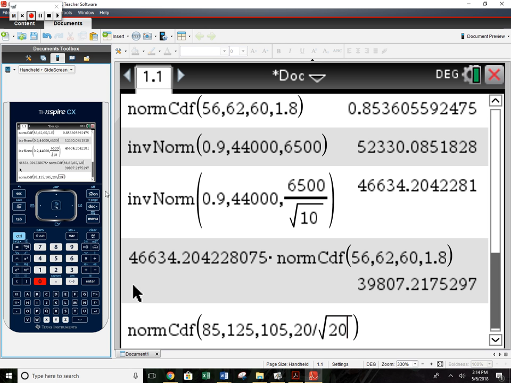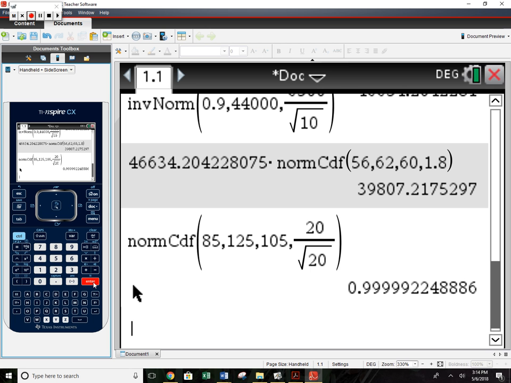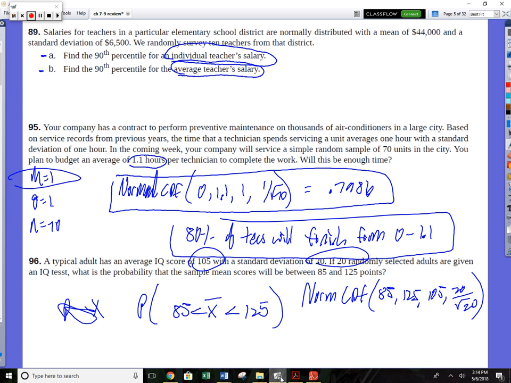And there we go. 0.9999999. Okay, that's good. So that is 0.999. So that means almost everybody, 100%. So 100% of them will fall between 85 to 125. Okay, that's it for chapter 7.